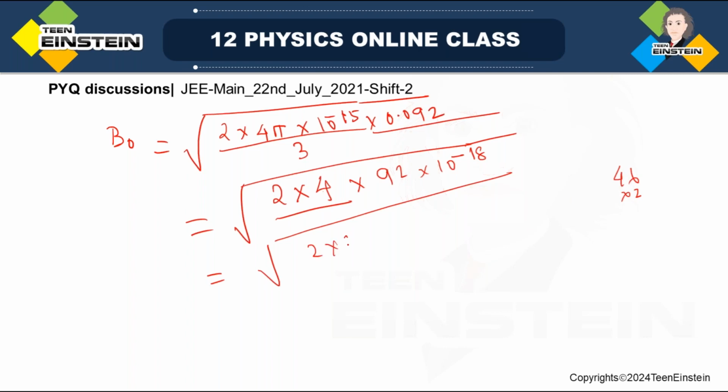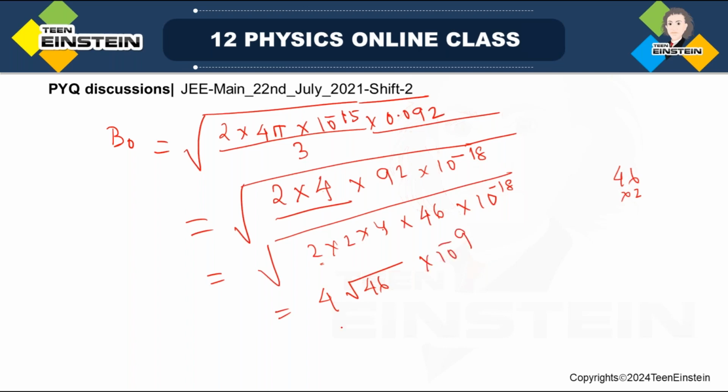So 2 into 2 into 4 into 46, into 10 to the power 18. Okay, so from here 2 will come, from here 2 will come, so 4 root over this into 10 to the power minus 9.